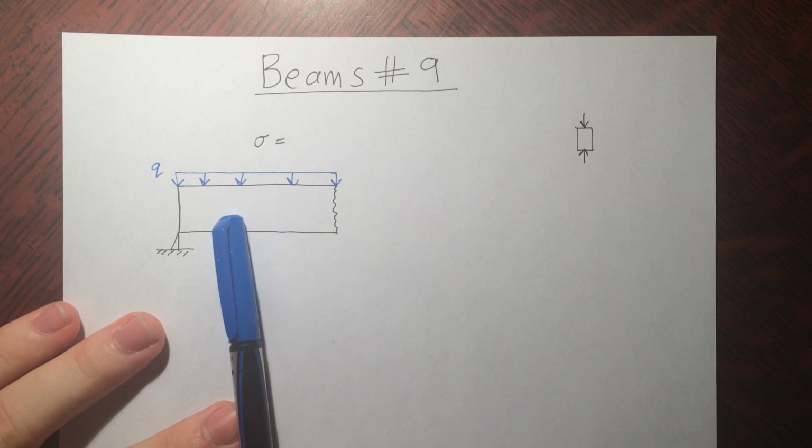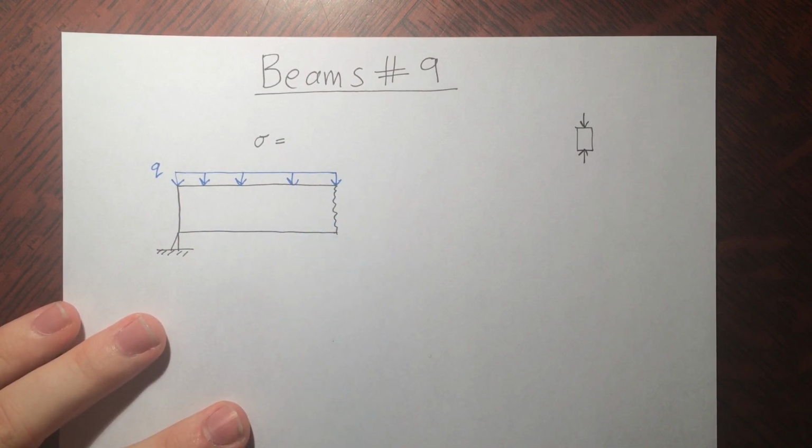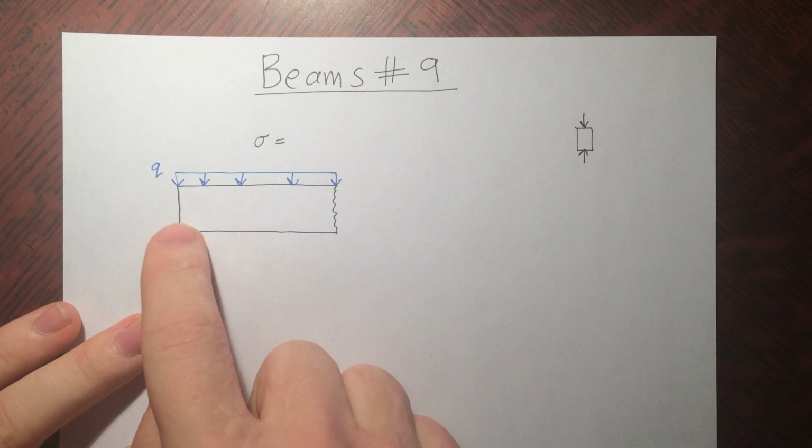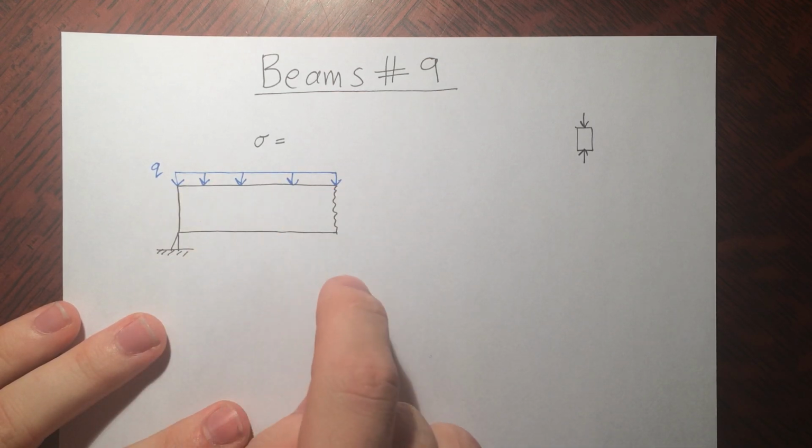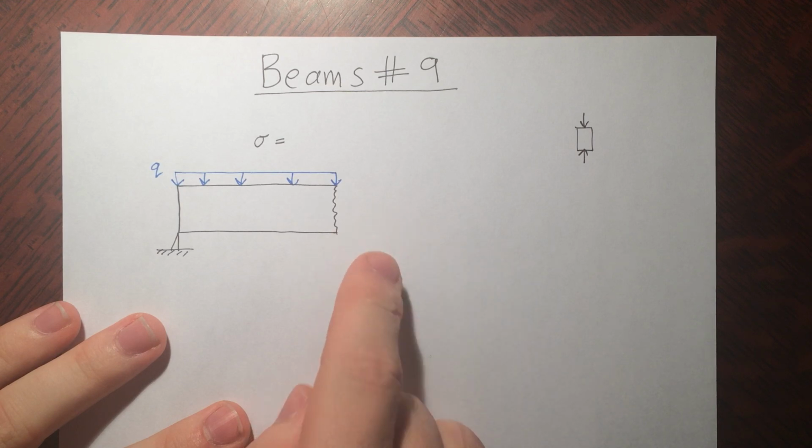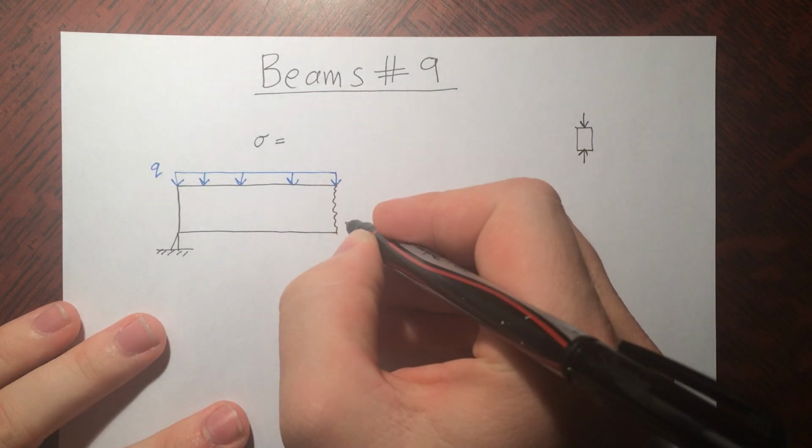Okay, so I've taken this beam, I've drawn it quite thick, and it's got some sort of loading on here, and in reaction to this, we're going to have a bending moment M. We already should know that.